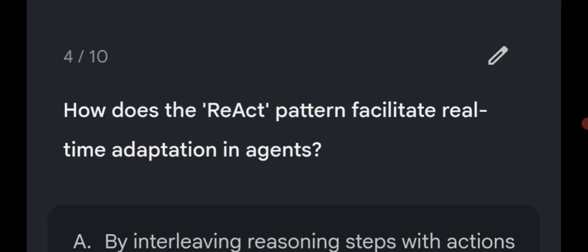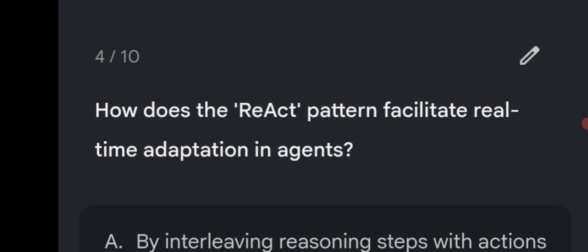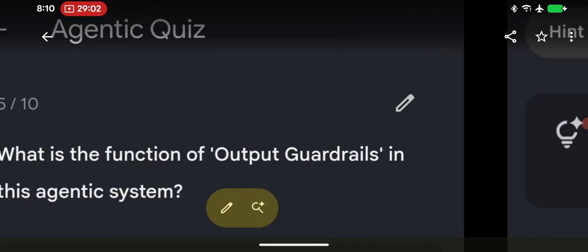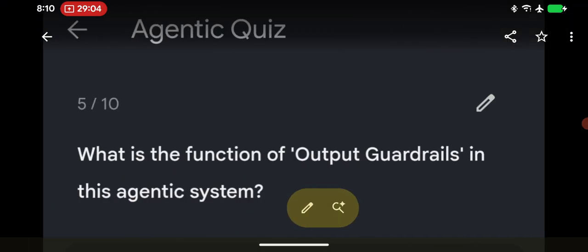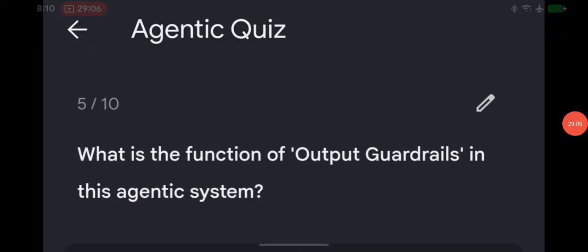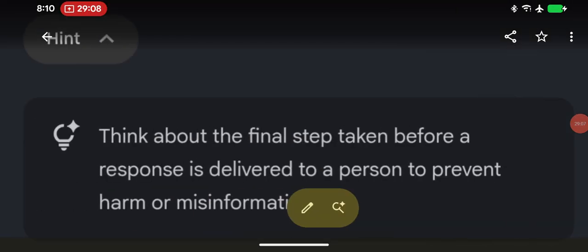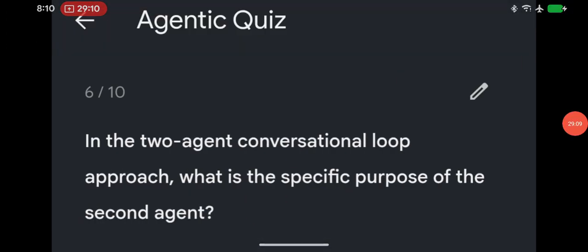We will do some sessions on different types of agents, human agent, ReAct, and so on. What is the function of output guardrails in this agentic system? In the two-agent conversation loop approach, what is the specific purpose of the second agent?